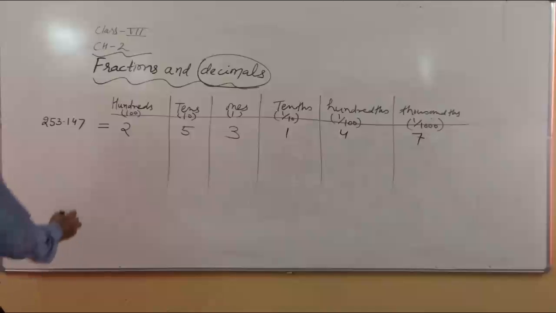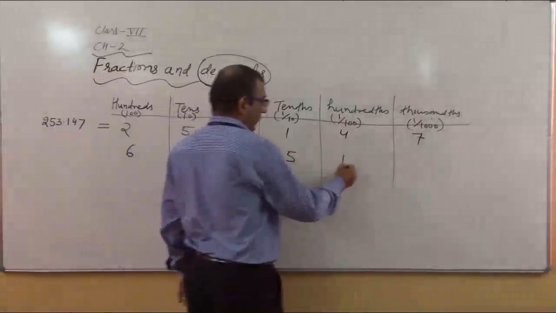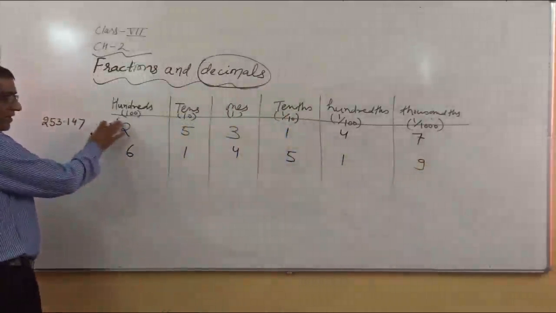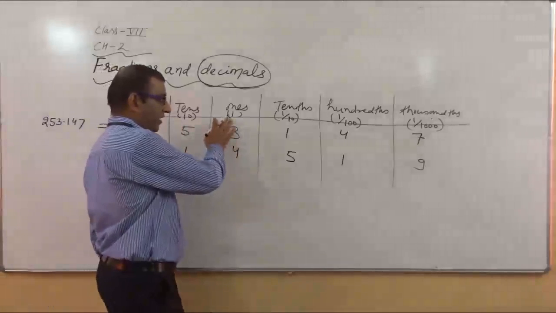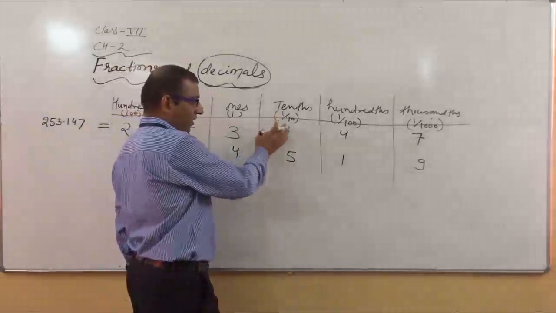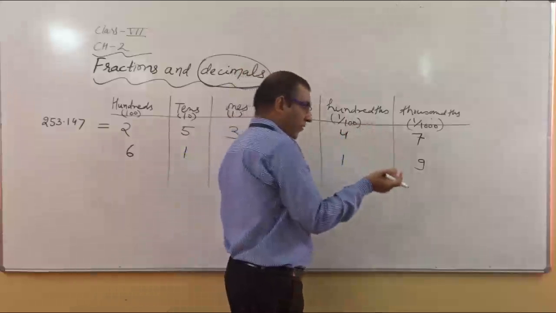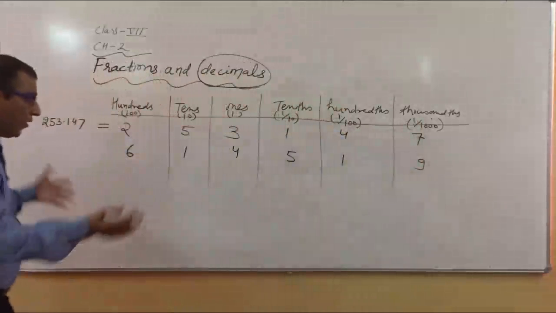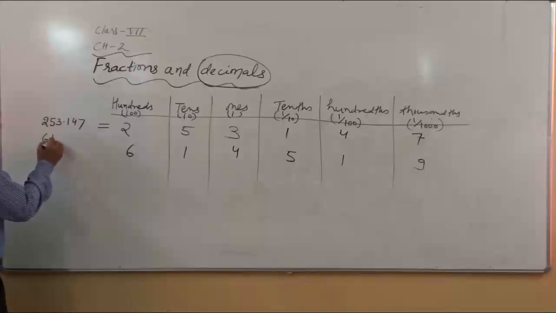Now I am taking one more example so that it will be more clear to all of you. I am writing 6, 1, 4, 5, 1, 9. So how can we do it? 6 multiplied by 100 is 600, 1 multiplied by 10 is 10, 4 multiplied by 1 is 4, 5 multiplied by 1 upon 10 becomes 5 upon 10, 1 multiplied by 1 upon 100 becomes 1 upon 100, 9 multiplied by 1 upon 1000 becomes 9 upon 1000. When you add together, it becomes 614.519.